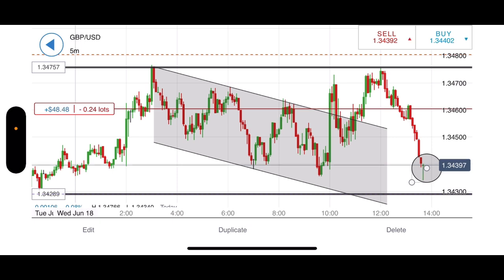Now, we could get out now, and we could get out, let's see, so it started at 134.757, and right now it's at 39. So is that even 30?